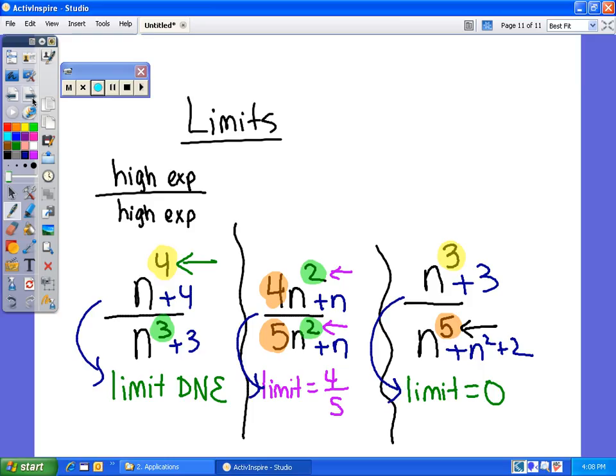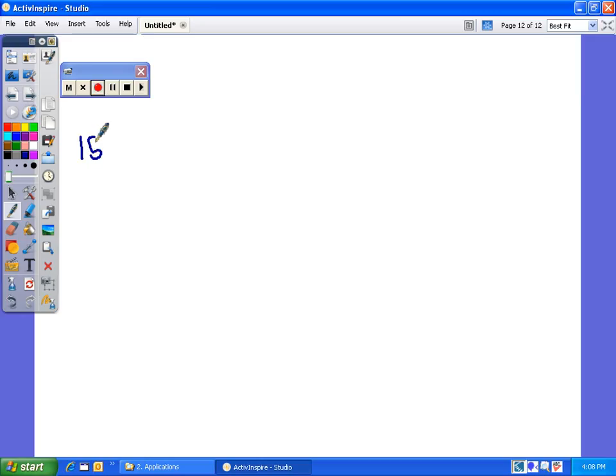Alright, so now let's look at the limits from 15 to 18.